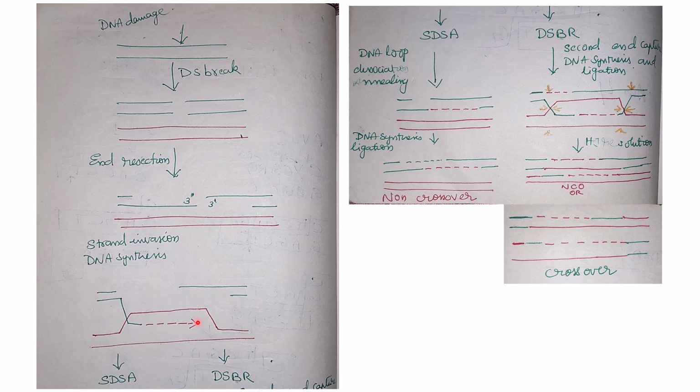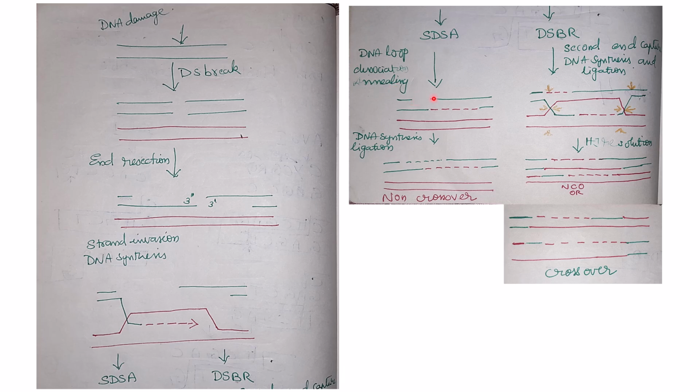Now after this, in the synthesis dependent strand annealing method, the invading DNA, that is the green one with the double strand break, will be displaced and, after synthesis, it will anneal to the end at the other side of the double stranded DNA break. So this region will go and anneal over here. That is what you see here.